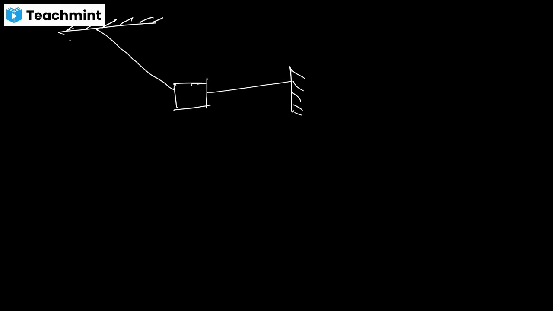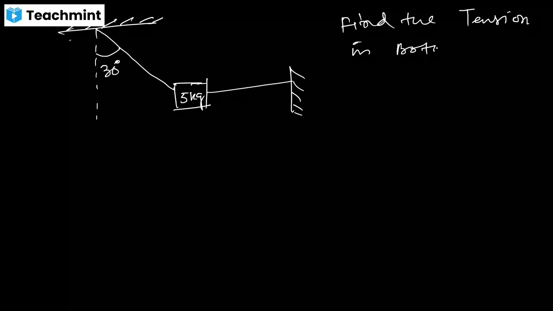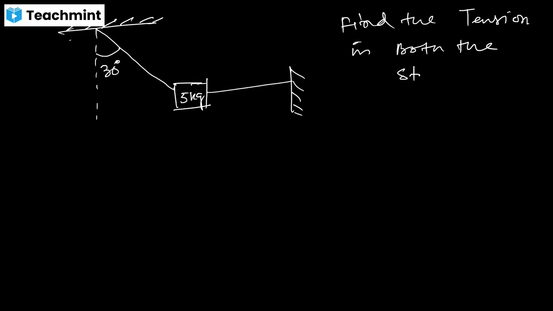In this case, with respect to the vertical, this angle is 30 degrees. The object has a mass of 5 kg. So the question is, find the tension force in both the strings.